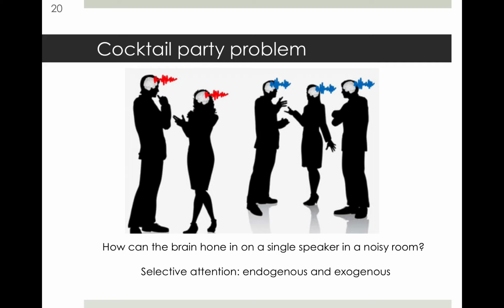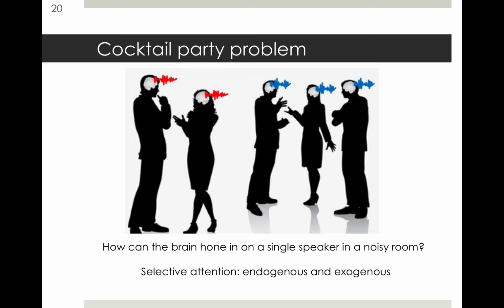There are a couple of different ways in which you could pay selective attention. One is endogenous. In a crowded cocktail party, you can decide, okay, I'm going to voluntarily listen to what this person is saying, and you don't have to move towards that person in order to still attend to what they're saying. That's endogenous or voluntary attention. But you could also have exogenous attention, the idea of breakthrough of the unattended.